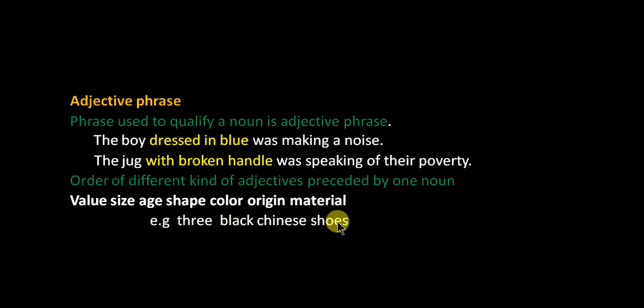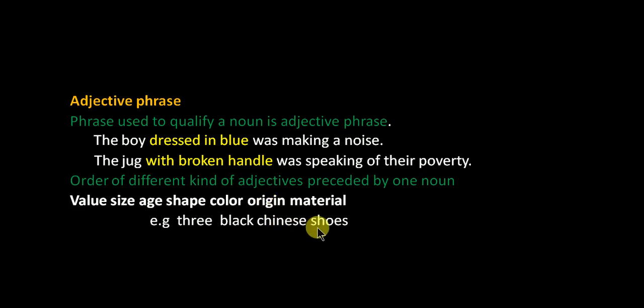3 black Chinese shoes. In this example you see 3 is the value, the number, black is the color, Chinese is the origin, where these shoes are from, or who has made these shoes.